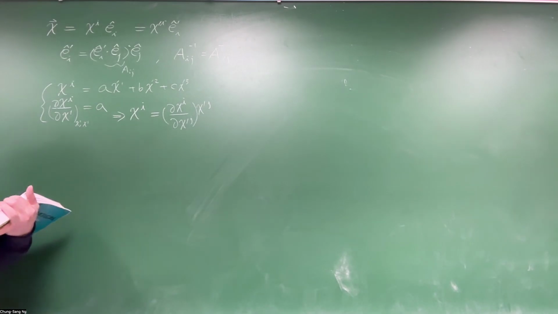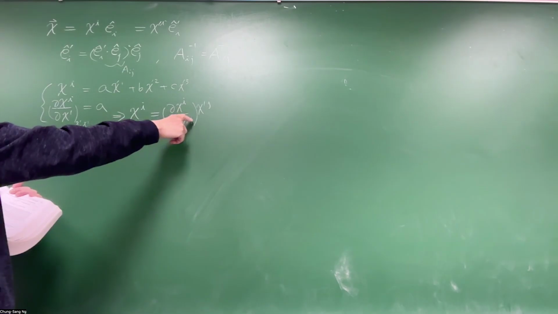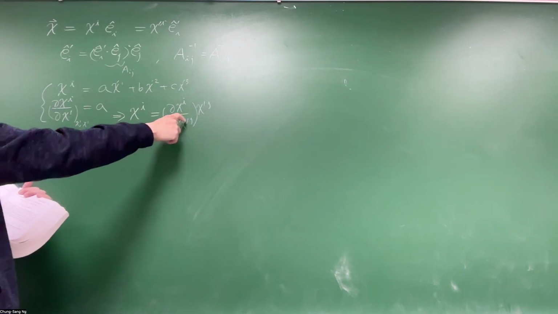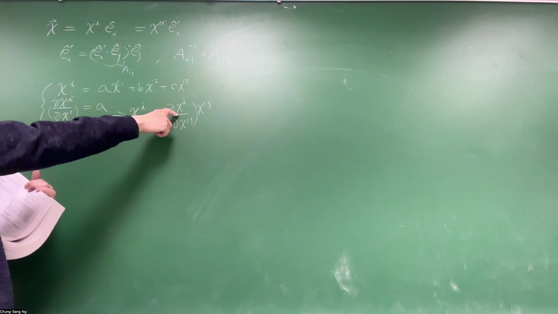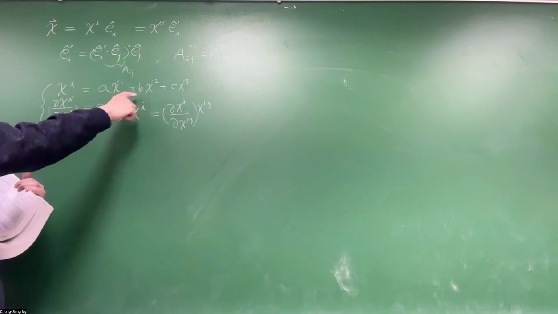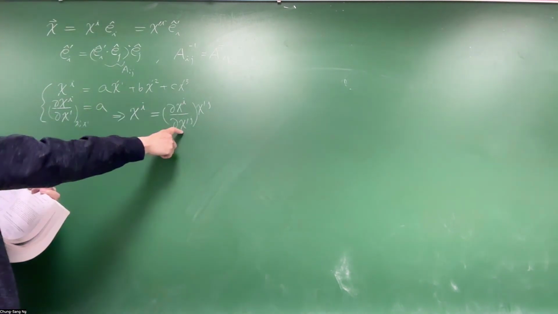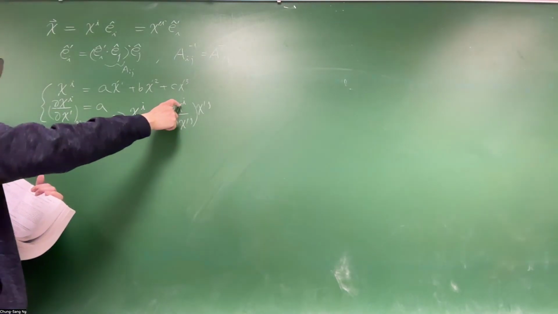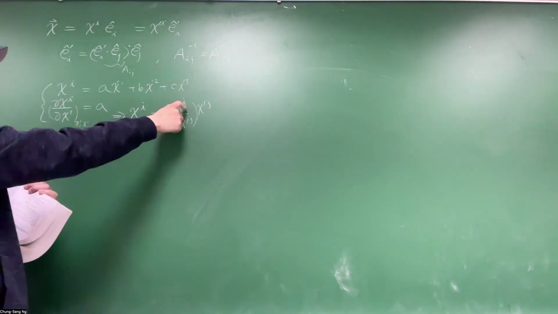This is the time coordinate, right? This is what we call the new coordinate system. So all the old coordinates are expressed as linear combinations of the new coordinates. And we take the partial derivative of the old one with respect to the new one, right? So that is this one.